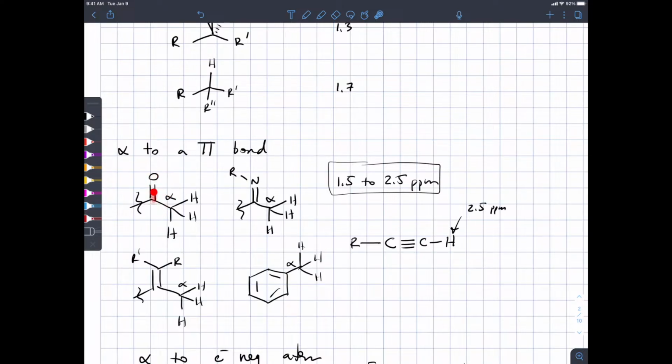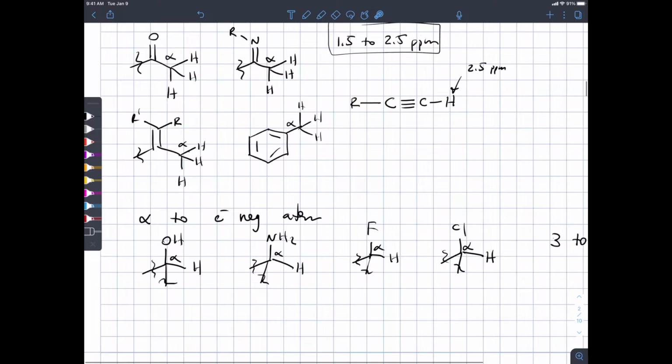This can be alpha to a carbonyl, alpha to an imine, a functional group that you'll learn about in 352, alpha to just a regular olefin, or alpha to a benzene ring. And you show up in this region of around 2 ppm. Also, being a proton on an alkyne carbon gets you in the same sort of area.